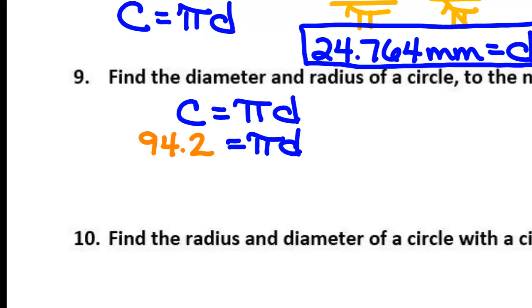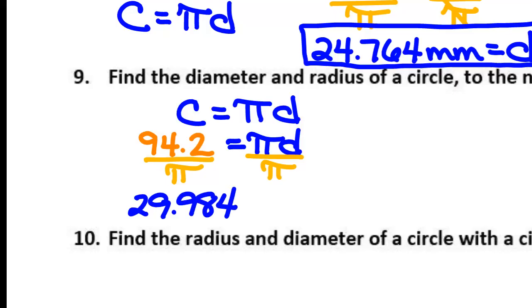And so then we divide both sides by pi. And what does that give us? 29.984. Should we put units with that? Yards. Equals my diameter.